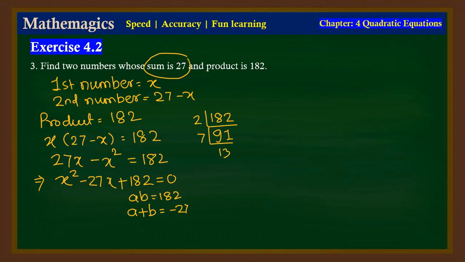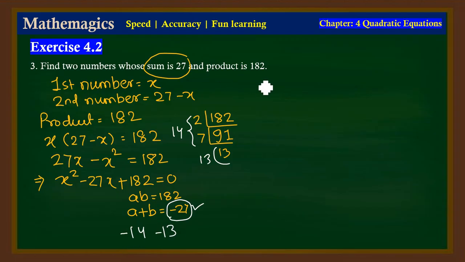So here we are just going to use the trial and error method to solve. So 2 into 7 becomes 14 and here the number is equal to 13. So if we add 14 plus 13 we are getting the answer 27 which we are expecting. So obviously the numbers become 14 and 13 and the sum is minus 27, it means it is minus 14 and this is minus 13.